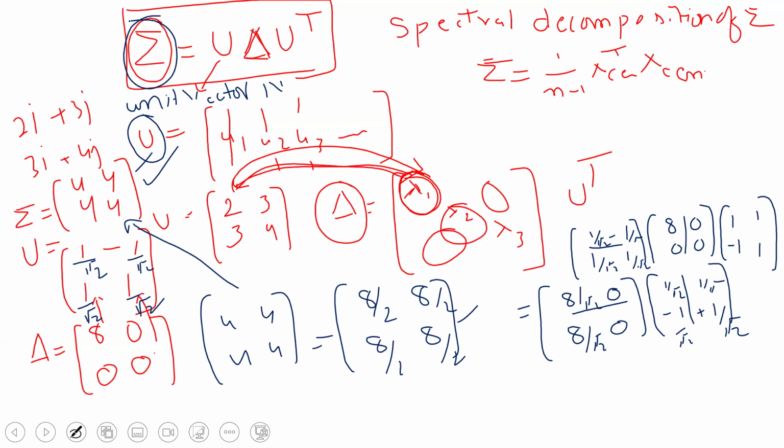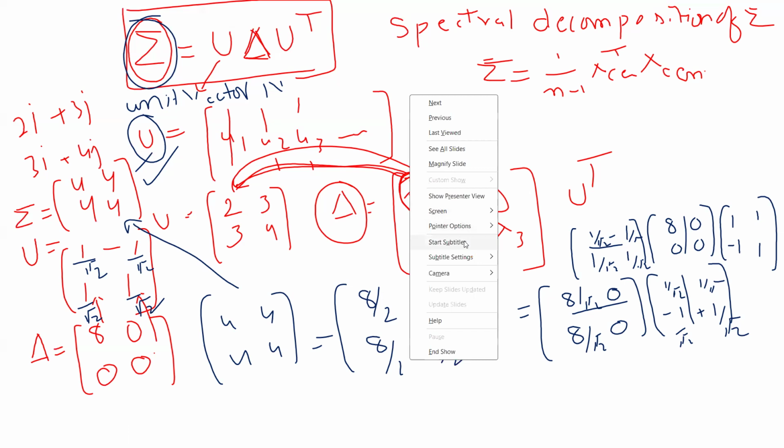Now you can represent that as u1 lambda 1 u1 transpose plus u2 lambda 2 u2 transpose. Let me go back to the previous slide. Now I know that sigma is equal to U delta U transpose. So what does this become?